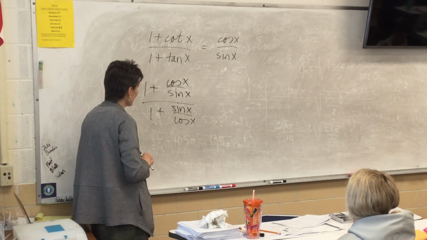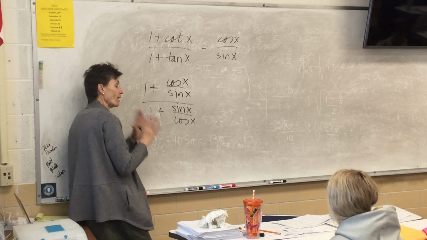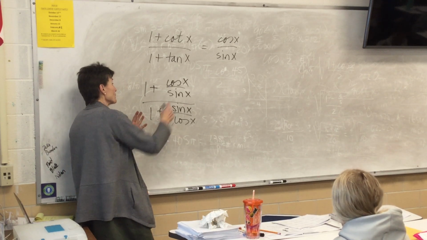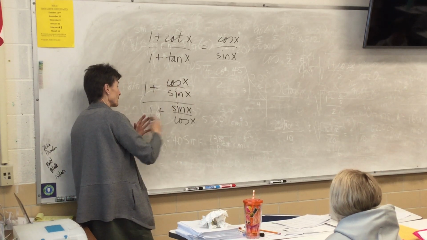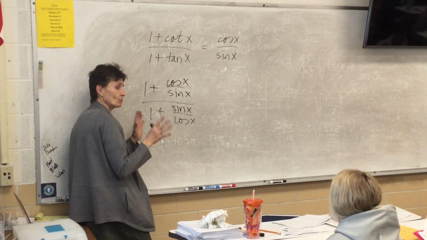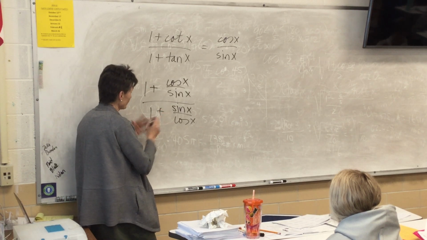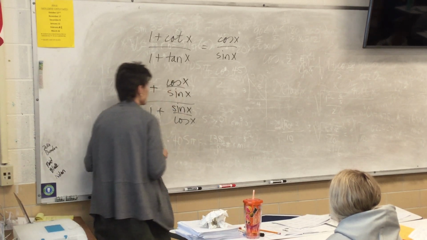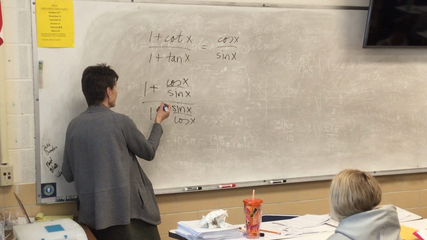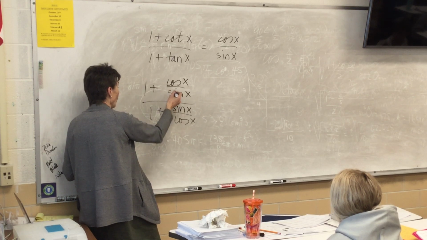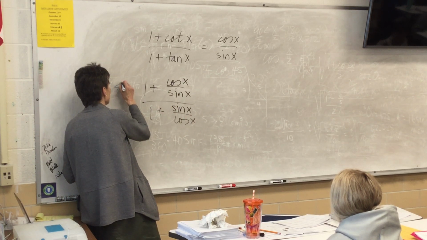My preferred method of cleaning this up, and I don't care how you do it: you can get a common denominator on the top, get a common denominator on the bottom, and invert and multiply. That will work fine. I prefer just to look at the whole thing and say, okay, the common denominator of the whole thing is sine cosine.